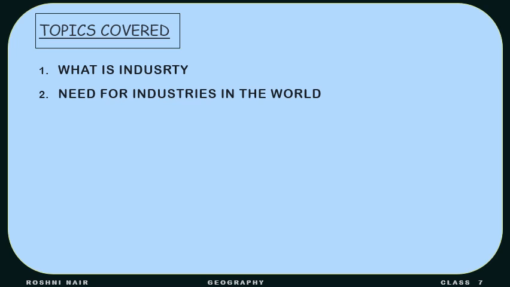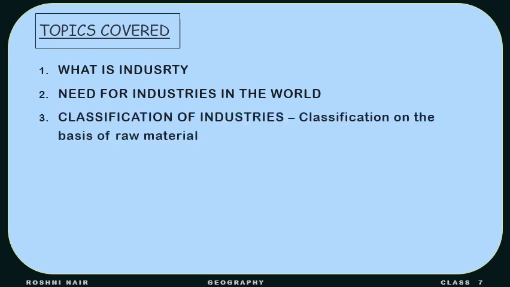In that, we will be covering the three subtopics which are mentioned under the heading need for industries in the world. The third topic in the textbook, page number 69, is classification of industries. Under that topic, we will not be covering classification on the basis of size, and we will not be covering classification on the basis of ownership. We will be covering only classification on the basis of raw material.